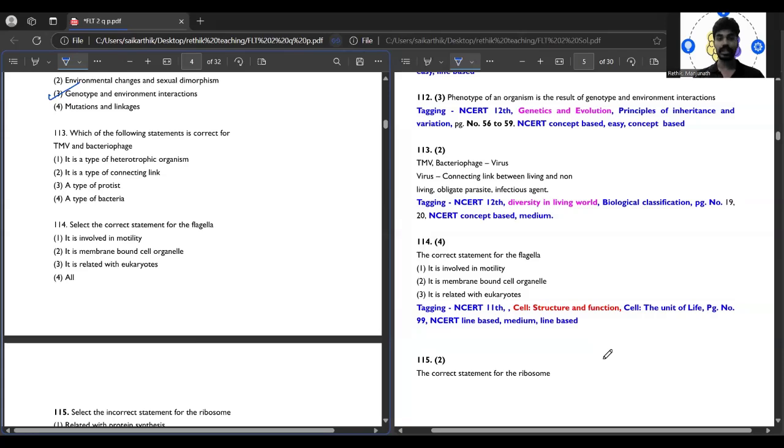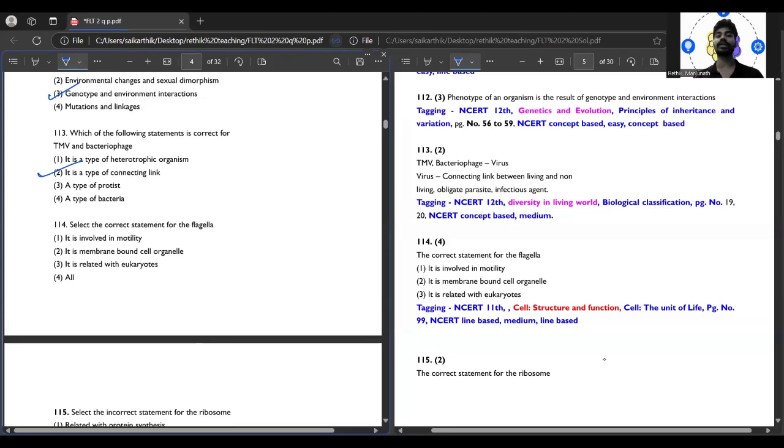They are a type of connecting link, a connecting link where virus is concerned. A virus acts as a connecting link between the living and the non-living, because in favorable conditions they actively start replication, and in unfavorable conditions they behave like a non-living being, showing no activity. So we can come to the conclusion that it is a type of connecting link.